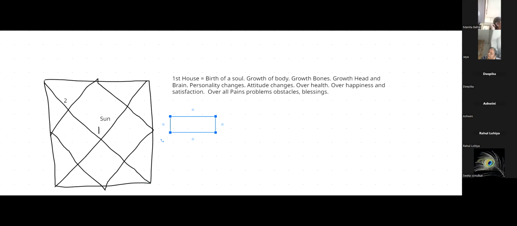So you have the growth of body, bone, brain, head, hair also. If you can add somewhere, hair also is responsible in the first house. Attitude, personality, overall health, happiness, obstacles, all those are part of it. It's like a bird's eye view of a person's life. You can see from the first house whether this person will be always happy, constantly sick, very lucky, good health, good wealth, all those we can immediately look at from the first house.